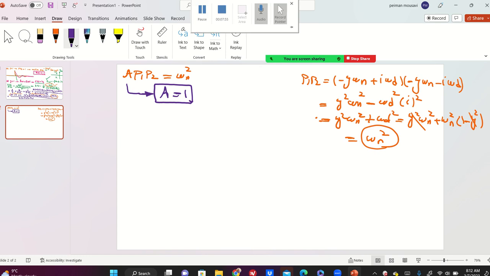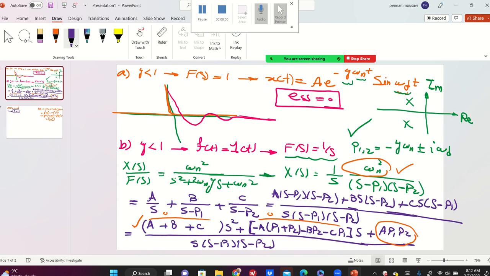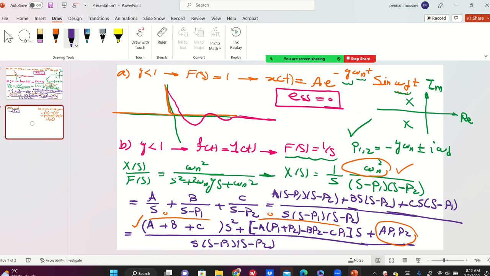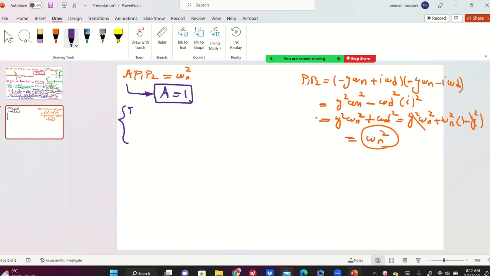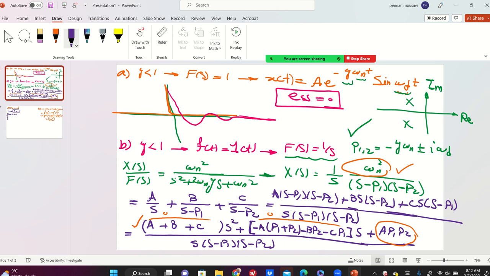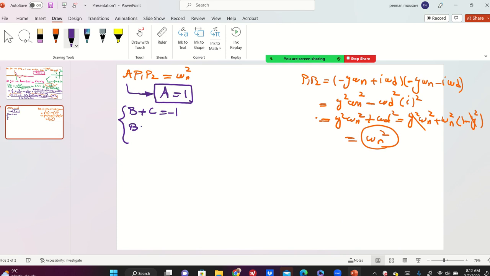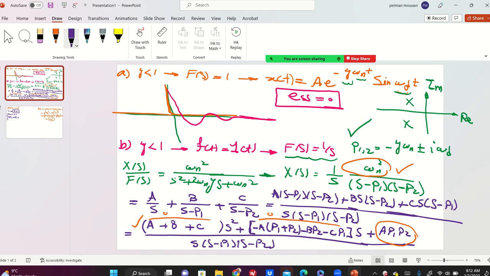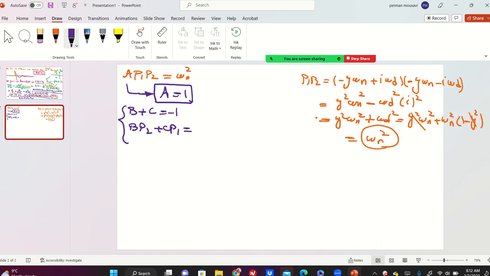Hopefully this is recording right. A is 1. Now, b plus c is minus 1. And b p2 plus c p1 equals the other side. a is 1, so it is p1 plus p2.